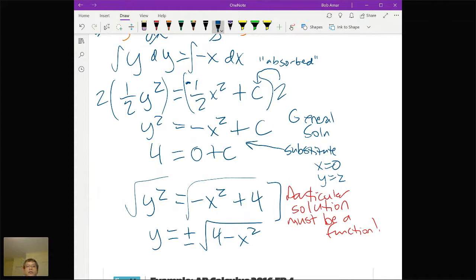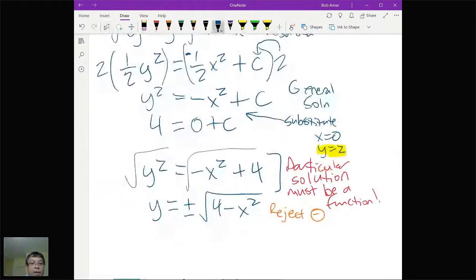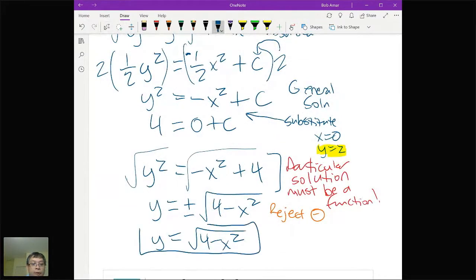And the question is, which one of these do I want? Because it's still not a function if I have a plus or minus. So I'm going to look at my point, and I'm going to recognize that I only have a positive value for y. I can't generate a positive value if I use the negative. And so this gives me y equals positive square root of 4 minus x squared for my particular solution.